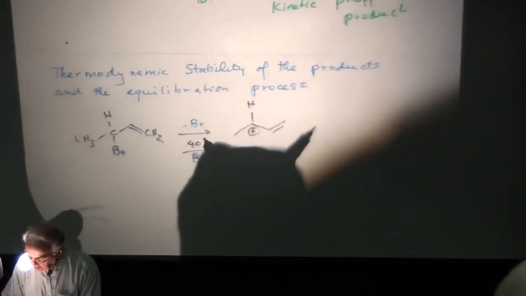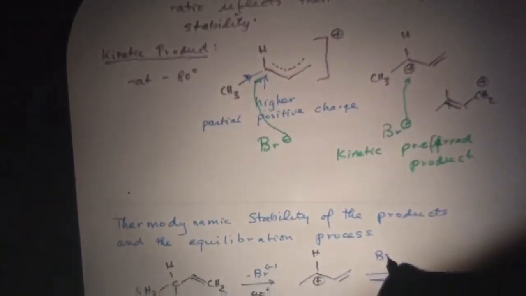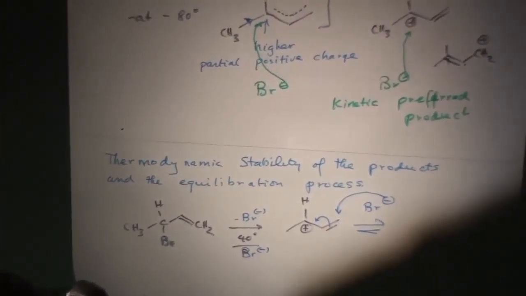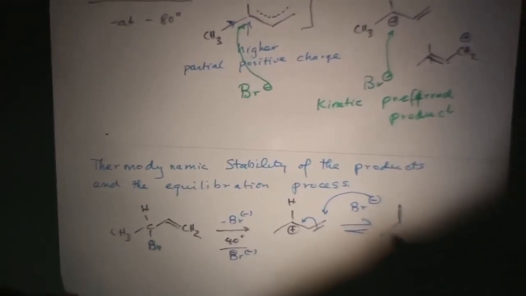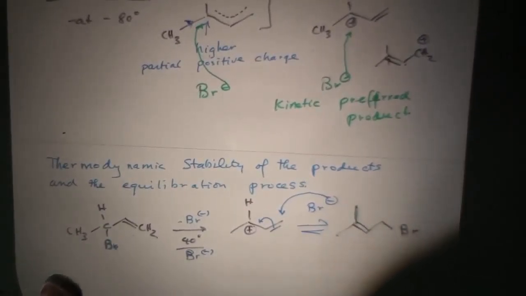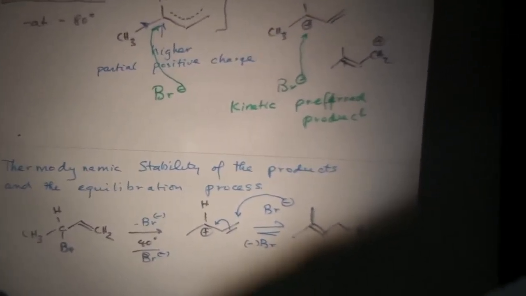So to go back, you add bromide ion. In the other direction, if we add Br minus at this carbon, push the electrons over, we then end up as that, and that compound, if you take away bromide ion, it will go back.